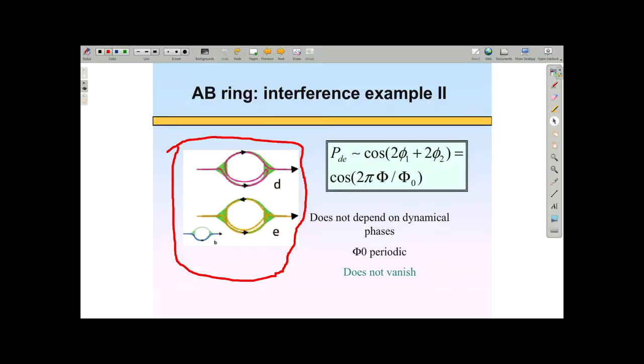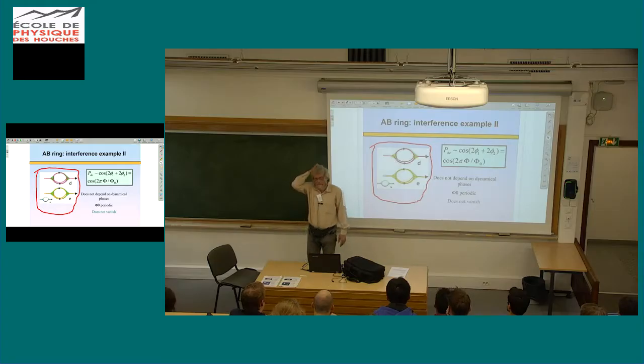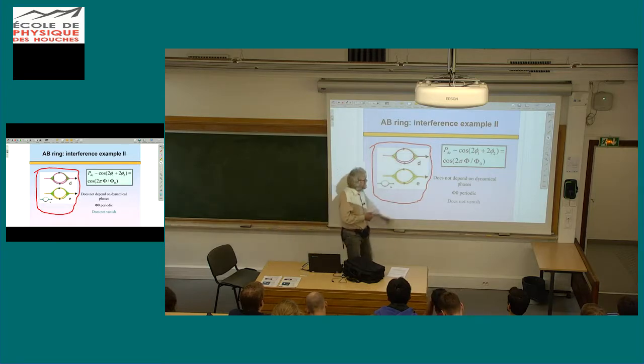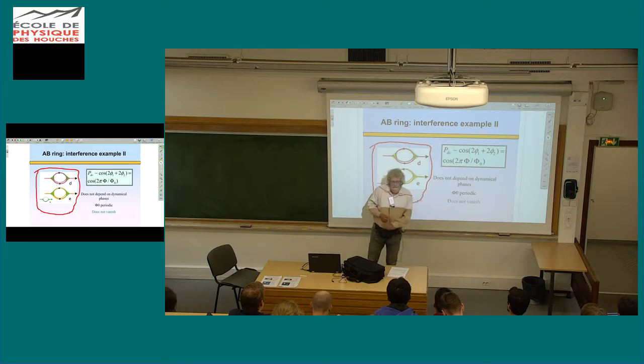While there are some special pairs of trajectories which differ by the direction of the loop, clockwise or counterclockwise, and for these specific trajectories, the dynamical phase cancels. All right? The period changes for these trajectories.